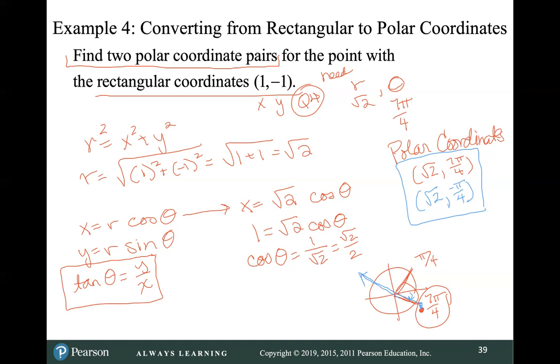So now the angle that matches my pi over 4 reference angle is going to be 3 pi over 4. So I could also do negative square root of 2 comma 3 pi over 4. Okay, I'm not going to keep going. I could keep going on this same question for as long as we have, but I want to make sure that you see we can write the same point in so many different ways for polar coordinates.